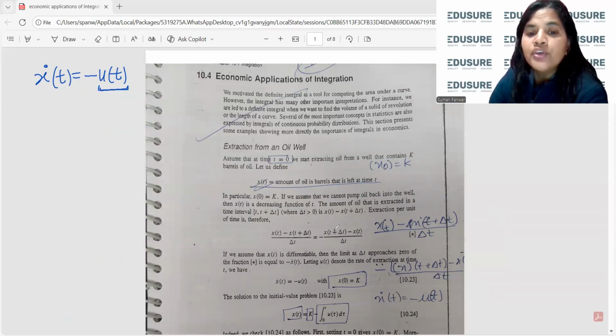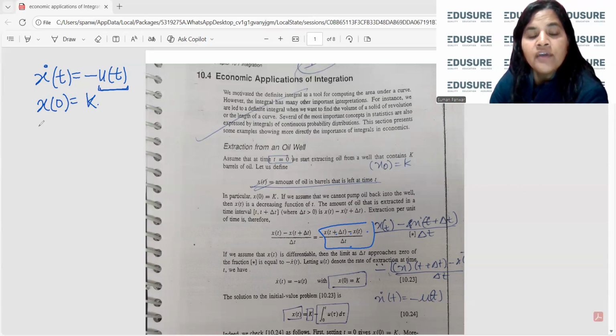And what is your u(t)? u(t) was this: x(t plus delta t) minus x(t), upon delta t. Why do we have a negative sign? Because it is decreasing with time. And we know the initial condition that x(0) will be equal to k.